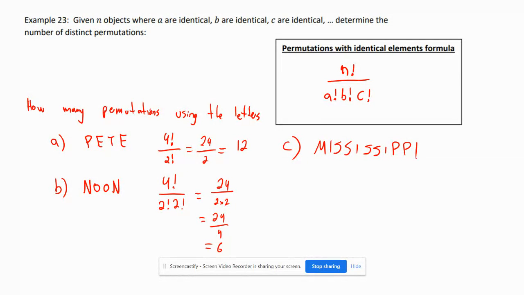Guys, this is a classic question over here. Mississippi, a ton of repeated letters in this one. So for this question, I have a total of 1, 2, 3, 4, 5, 6, 7, 8, 9, 10, 11 letters. So it's 11 factorial. But I have 4 I's, 4 S's, and 2 P's.